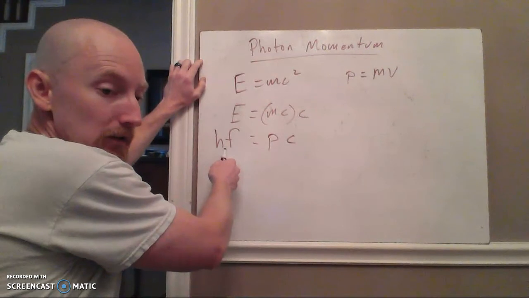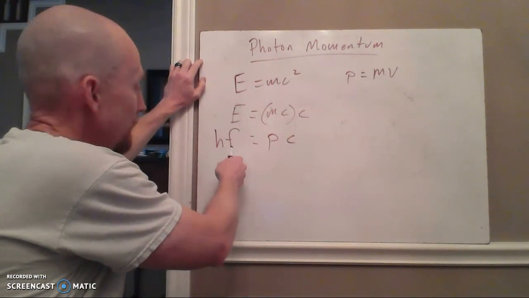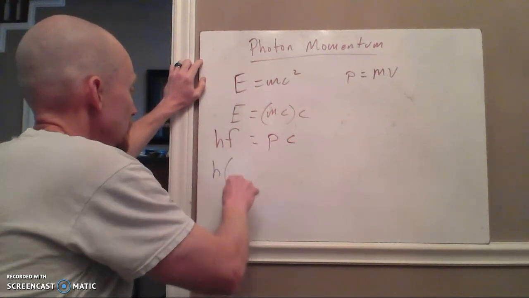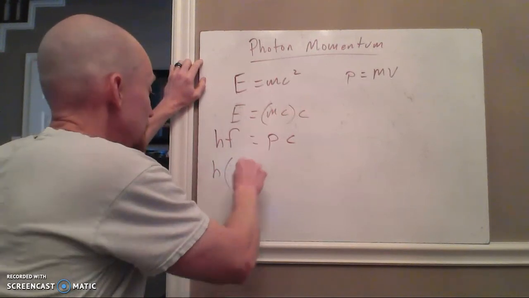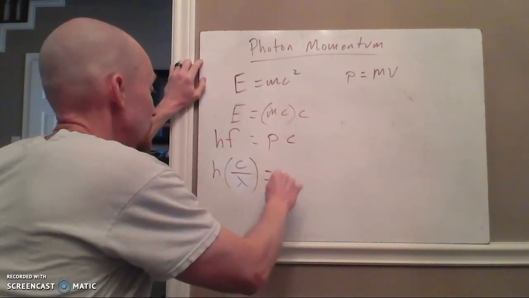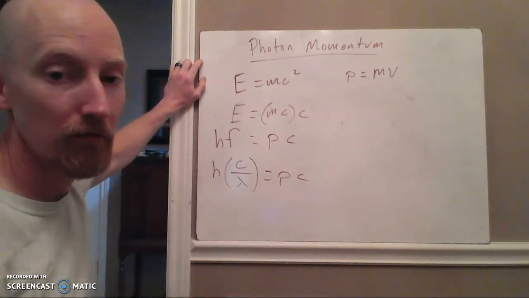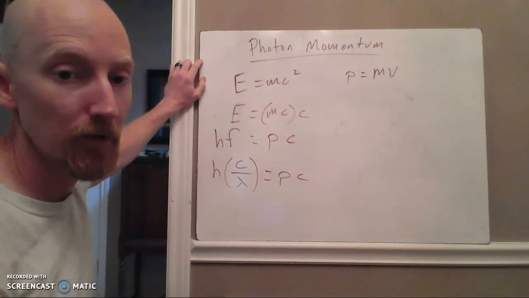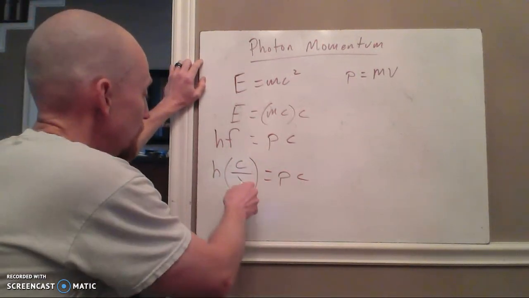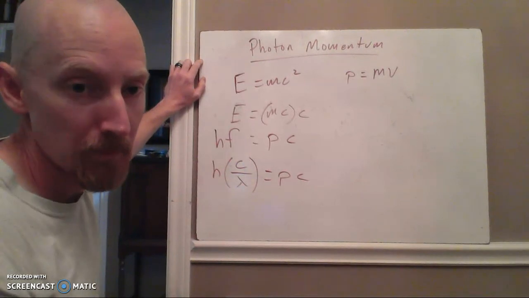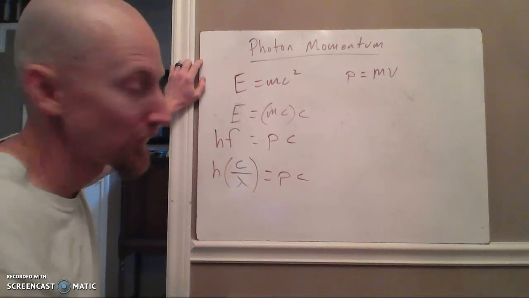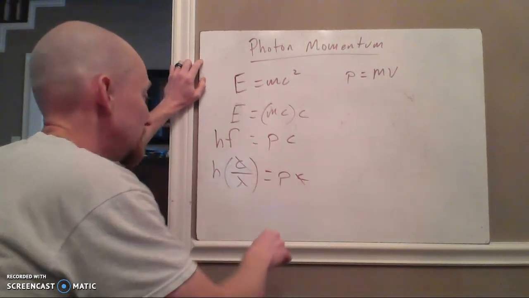Now over here, if you look at my last video, f is really c over lambda. And you have to rewatch that last video. Okay? But frequency is equal to c over lambda. That's a thing. And the c's cancel.